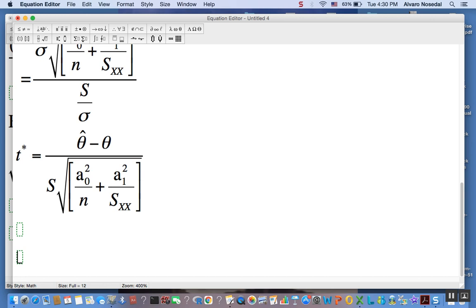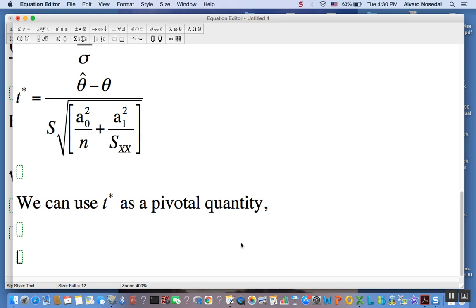We can use T star as a pivotal quantity to find our CI, our confidence interval, for theta.